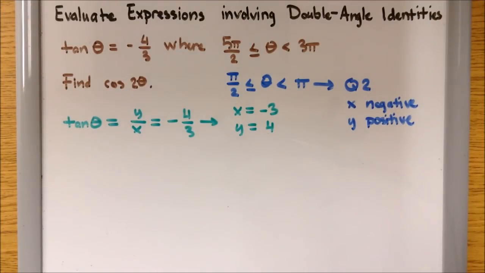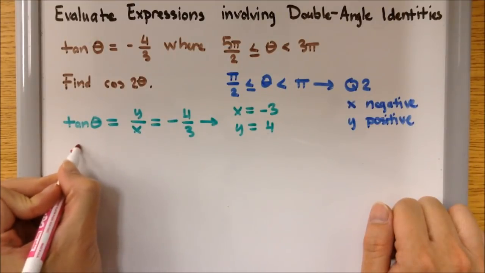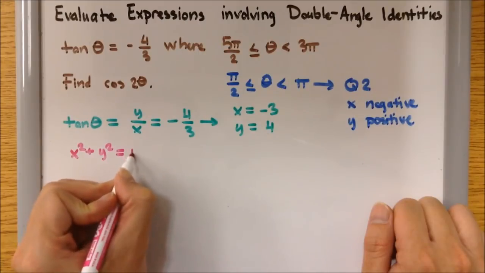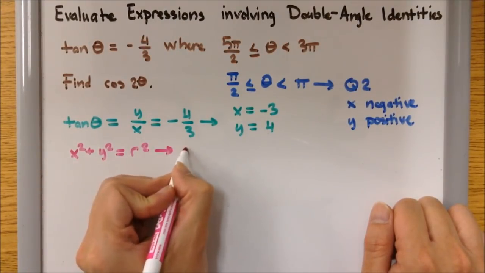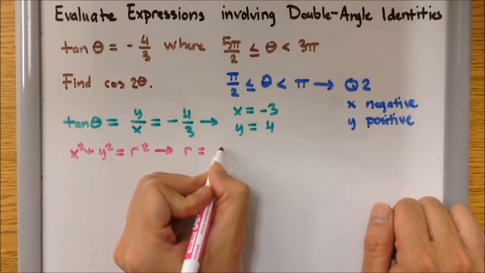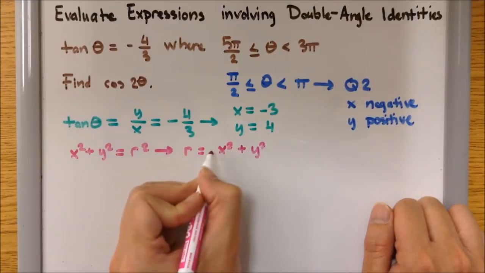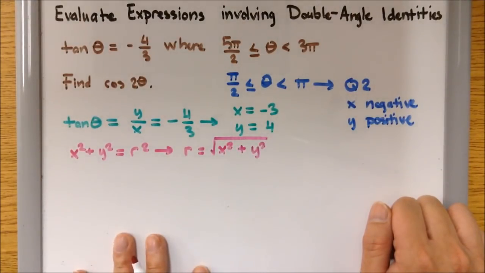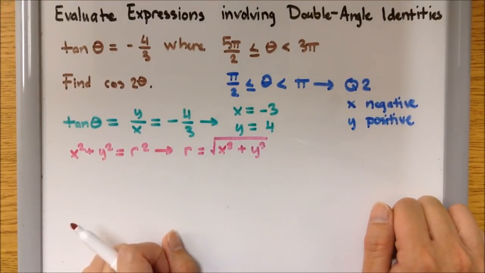So the formula that ties into this: x squared plus y squared equals r squared. And if I'm trying to get r by itself, it would be r equals the square root of x squared plus y squared. So again, these two tie in with each other.